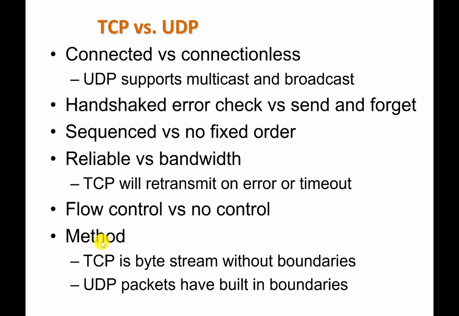Another very interesting difference between them that's not often recognized, and that is TCP is really a stream. Okay, when you send information with TCP, think of it as one great big byte stream. And yes, you send TCP packets, but there's no boundaries. The data is thought of as a byte stream.